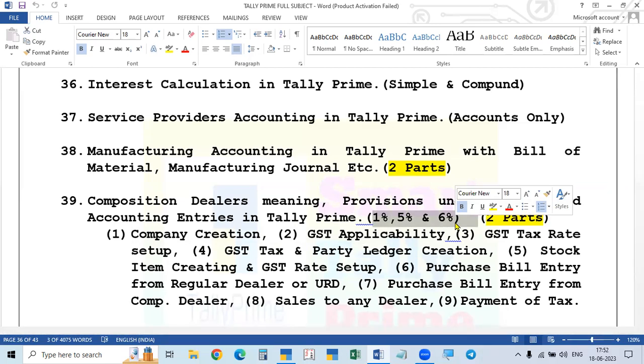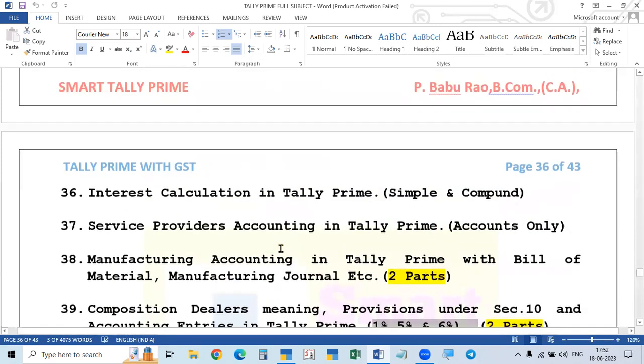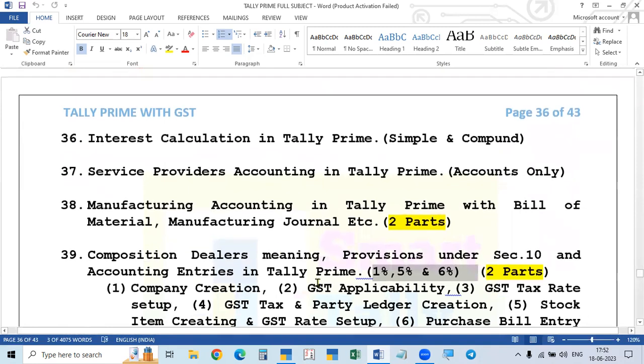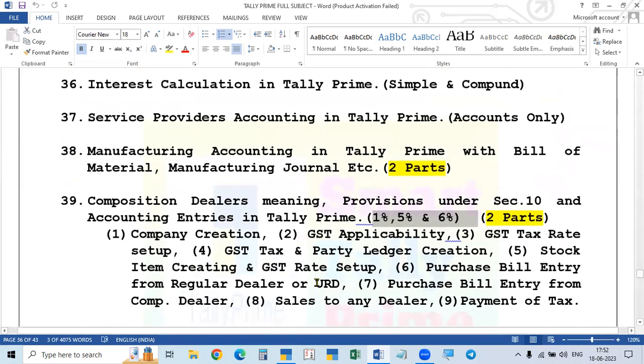In the case of regular dealers, the goods rates may be 0%, 5%, 12%, 18%, 28%, but we are not bothered about those rates. These composition dealers have to pay a little percentage. I told you there are four types: traders, manufacturers, restaurants and service providers.